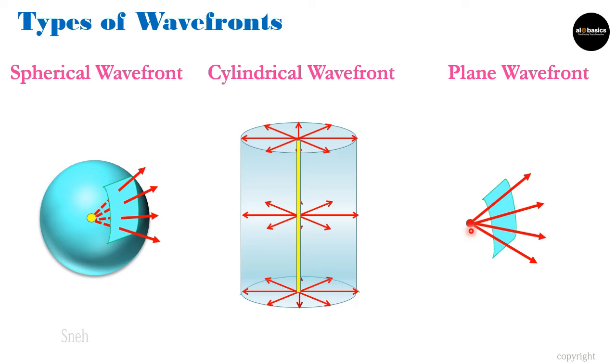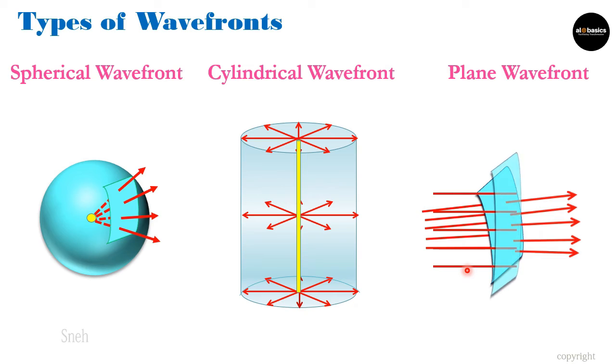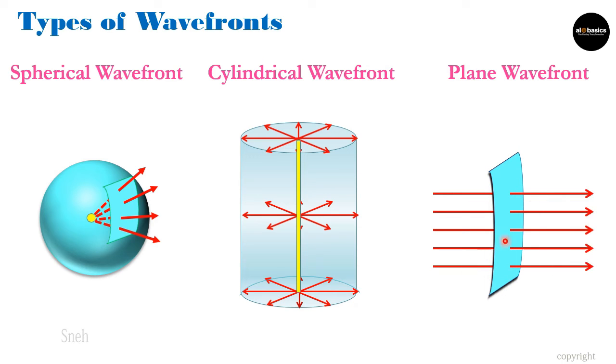Observe this diagram carefully. Now I'm increasing its size. What happened? Earlier it had more curve. Now its curve is reduced and it is becoming flattened, which means its radius is increasing.